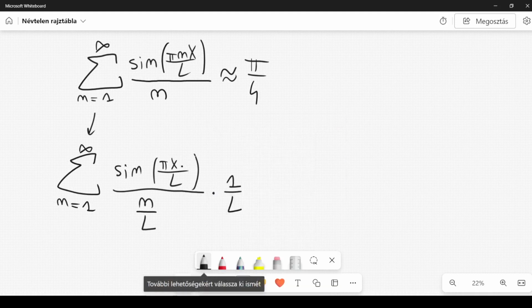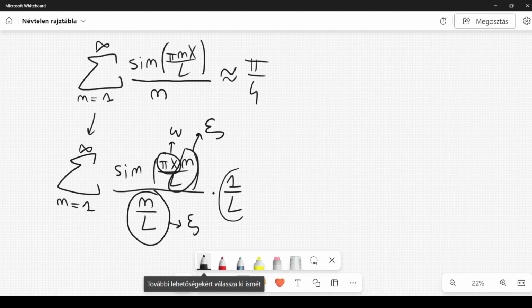So let me slightly rewrite this in a different manner. We have pi x n, and let me define pi x as some variable omega. So this is just a definition, and then I define n over L as a variable xi. So here we have xi. And what about 1 over L?